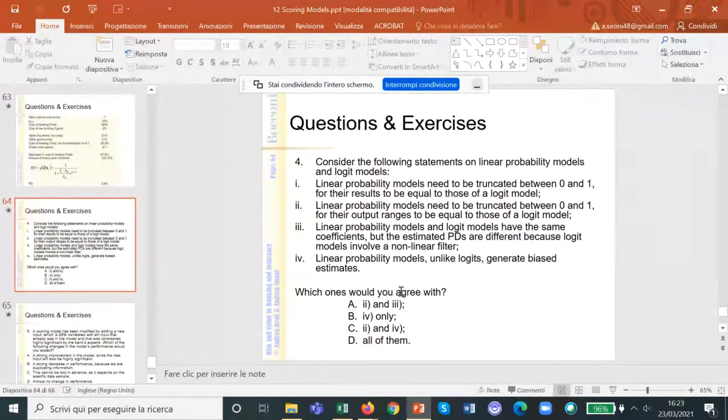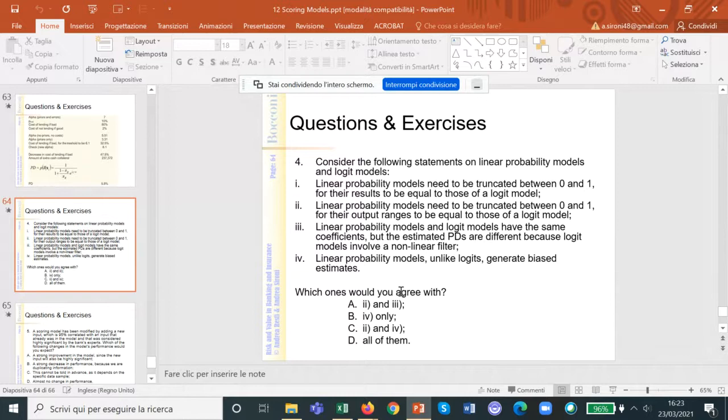Question 4, consider the following statements on linear probability models and logit models. Linear probability models need to be truncated between 0 and 1 for their output ranges to be equal to those of a logit model.